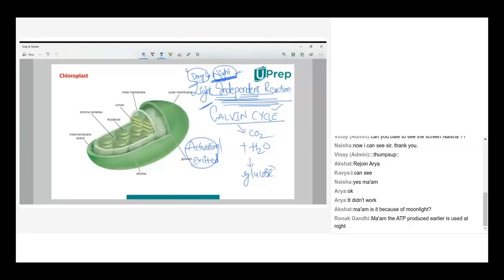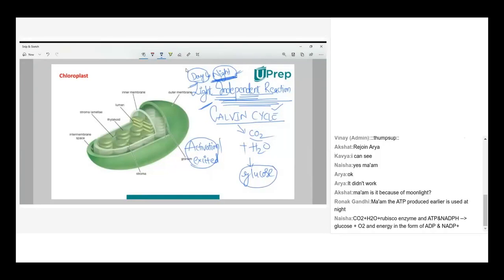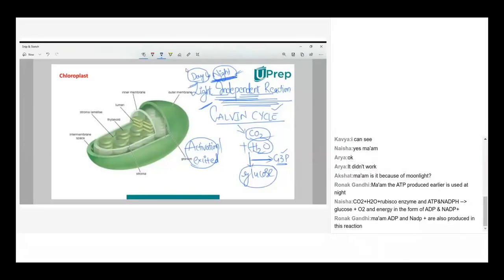During formation of the glucose molecule from carbon dioxide and water, you will have various intermediates. One of the intermediates is C3P, glyceraldehyde triphosphate, that we discussed in the last class. Yeah, exactly, Naisha, the Rubisco enzyme is involved. Everything I showed in the last class slide.